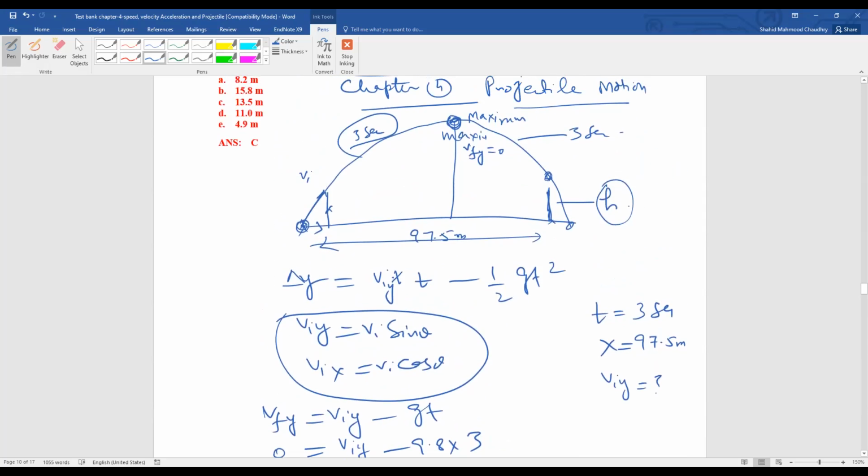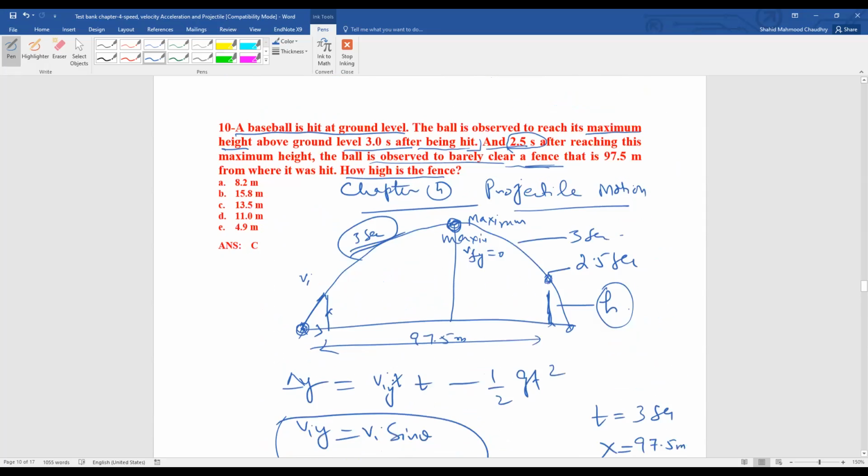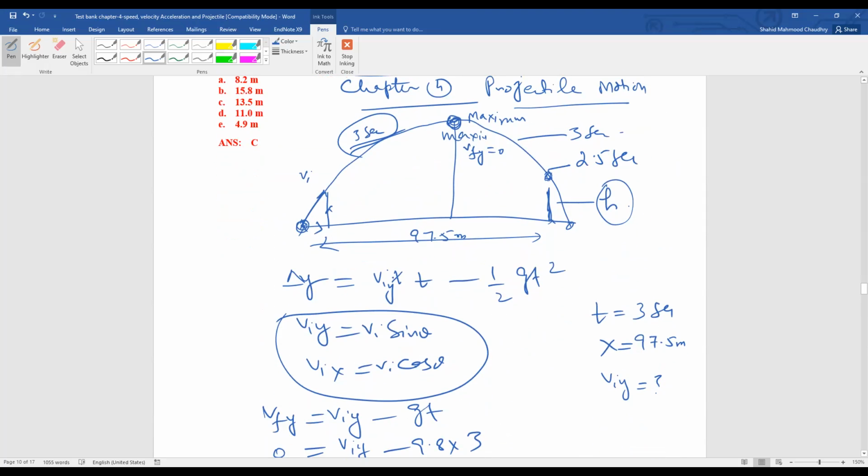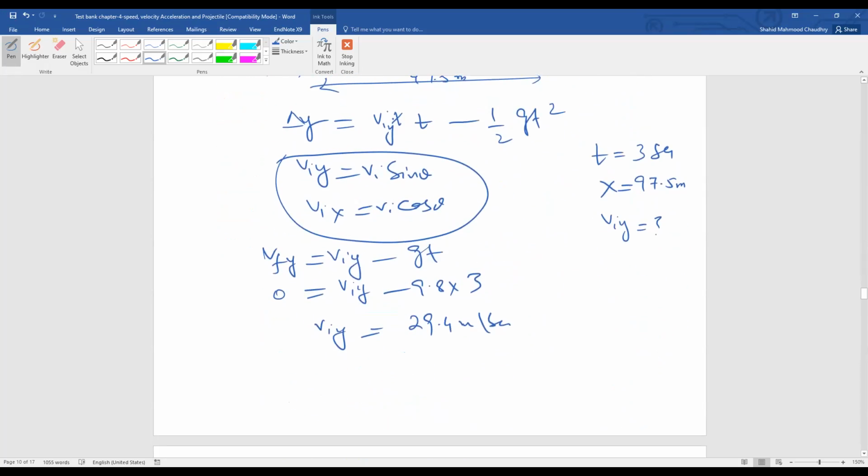You can see this is 3 seconds at this position, and at this other position it is 2.5 seconds, as given in the question. So from point A to point B, what is the total time? The total time is 5.5 seconds.